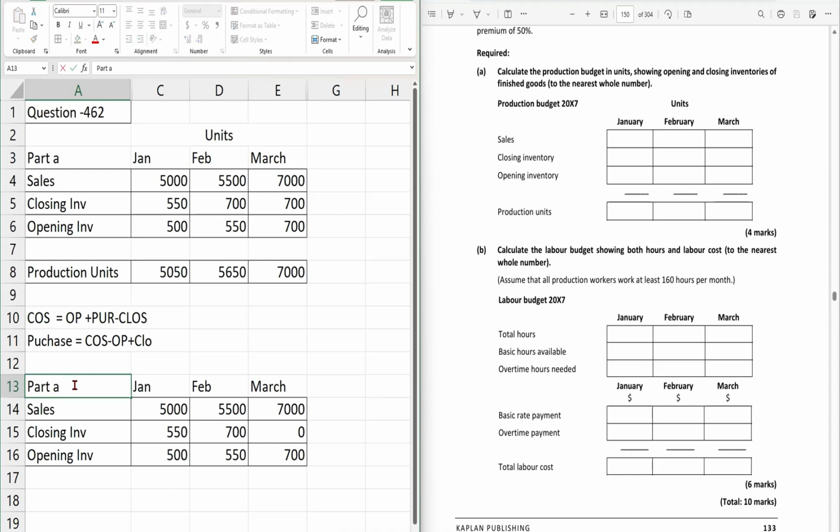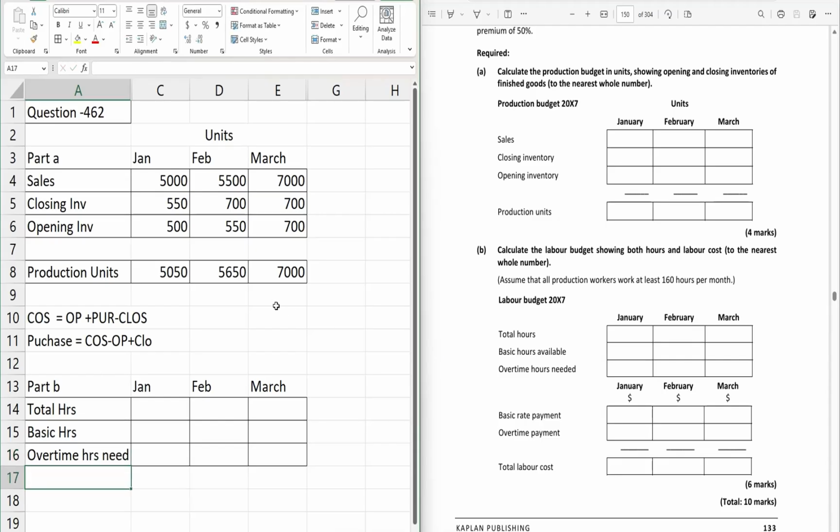So this is part B, and now the question asks you to calculate total hours, then basic hours, then overtime hours needed. Then we will move to the next one. Let's first solve this one. So total hours: to produce this much quantity, how many hours do we need?